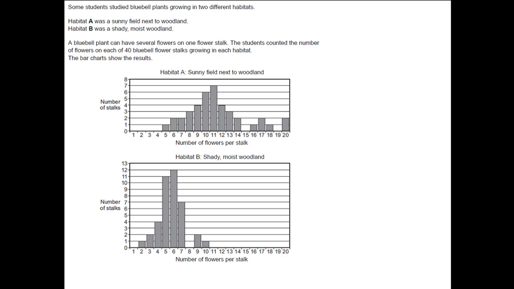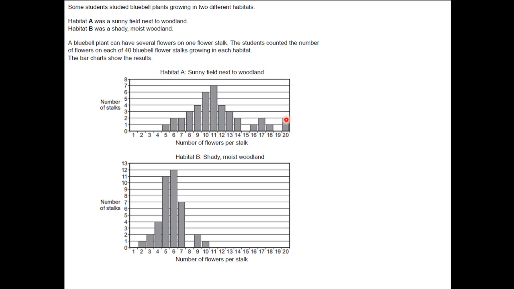So I've got a plant stalk that might have a few flowers, or it might have many flowers. So make sense of the data. Habitat A is sunny, habitat B is shady. In the sunny field, this bar here that says 20, there's 2 stalks that have got 20 flowers on them. So that's a highly flowered stalk.